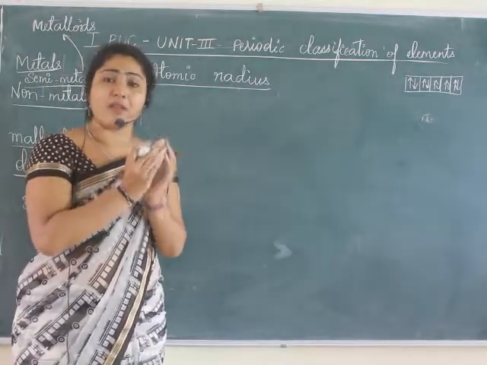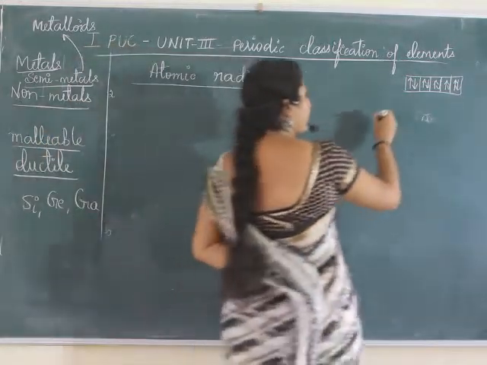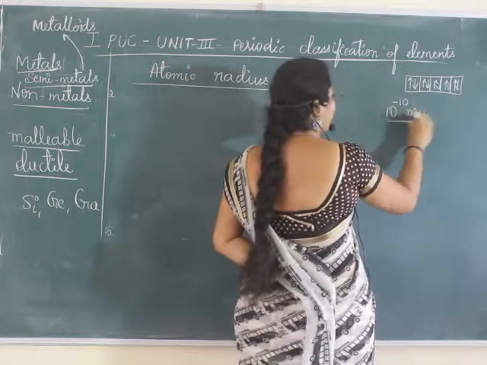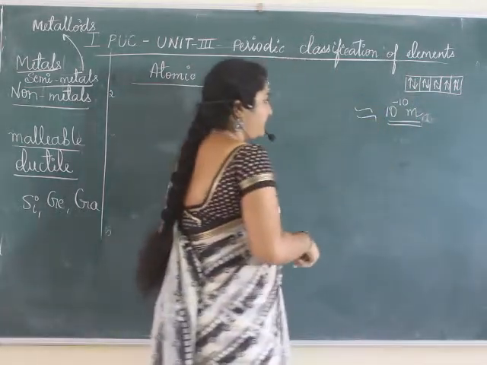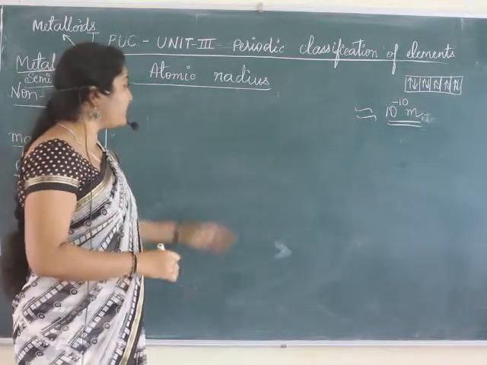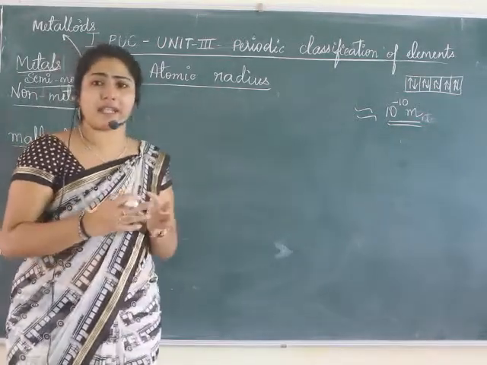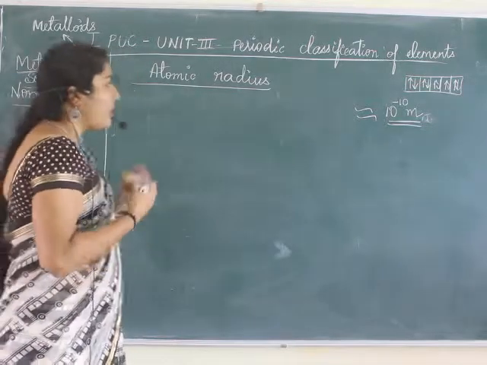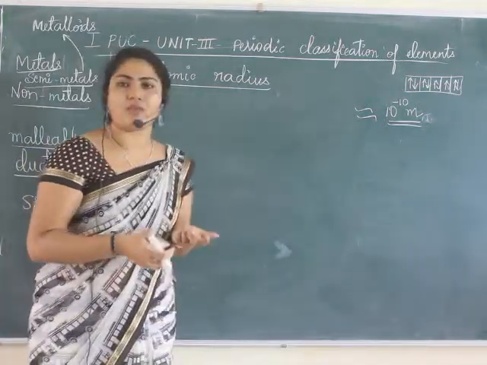The radius of an atom is approximately 10 to the power minus 10 meter, we said.